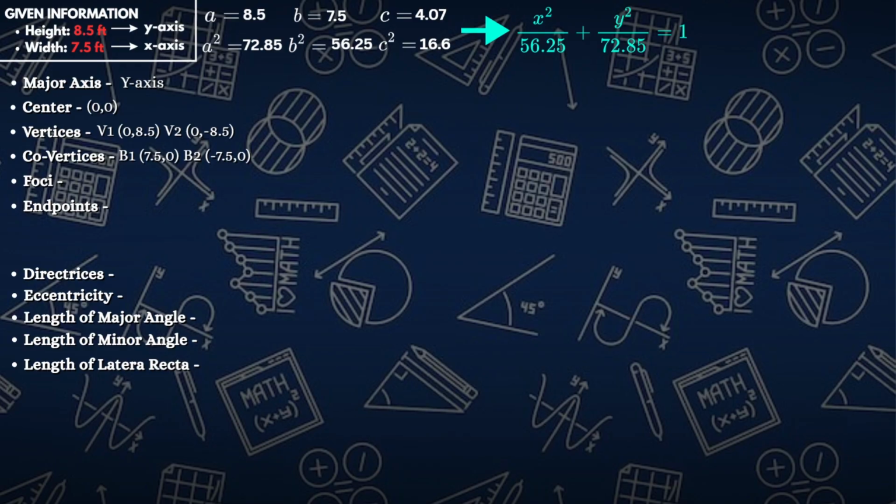And if it's on the x-axis, our a would be at x-axis, b at y-axis, and c at x-axis. So the pattern will go like y, x, y, and x, y, x. So again, for our foci, it would be 0 from the center, and 4.07. And for our foci number 2, that is 0 and negative 4.07.